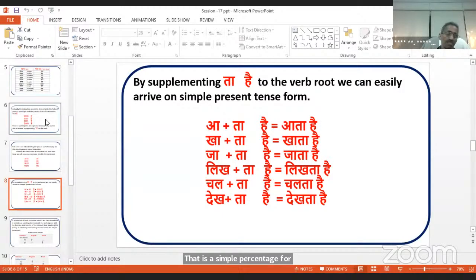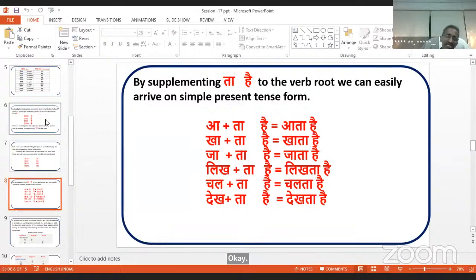Ja plus ta hai, jata hai. Likh plus ta hai, likhta hai. Chal plus ta hai, chalta hai. Dekh plus ta hai, dekhta hai. All simple present.